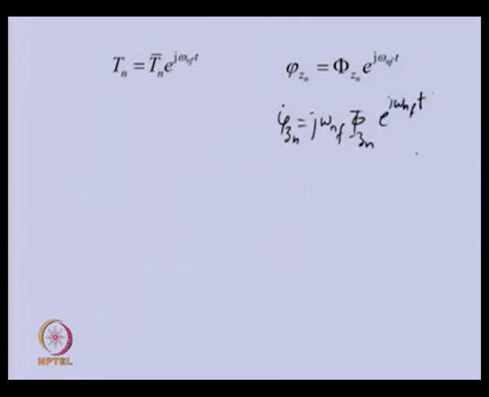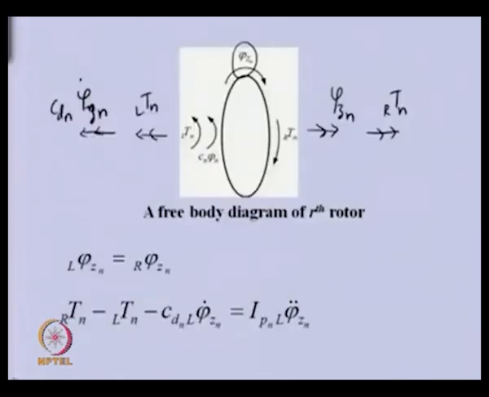If we take another derivative of this, we will get minus omega n f squared phi, this is the amplitude part, times e to the j omega n f t. So, we can substitute these expressions in the previous equation. If we substitute, the first term, because it does not contain derivatives, will be of the same form. Only thing, this will now contain complex displacements.